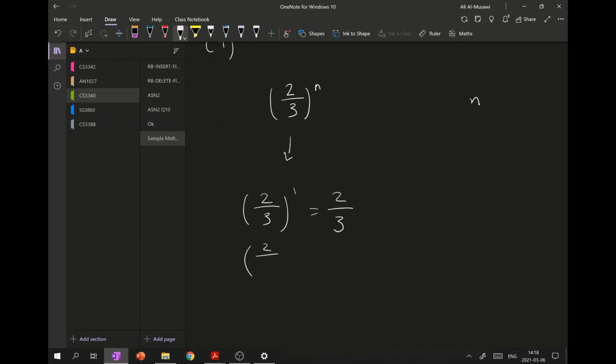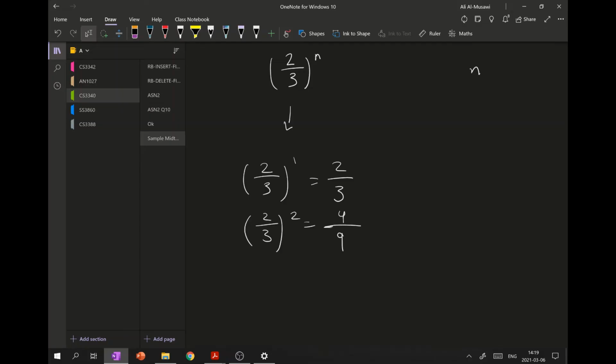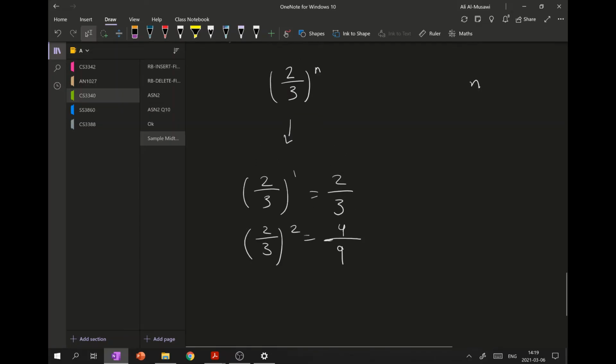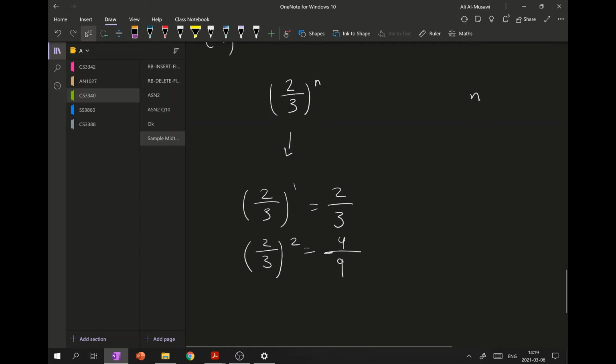Now (2/3) to the power 2 is 4 over 9. Okay, so no, I cannot cancel out anything. But if you actually evaluate this in the calculator, you'll notice that as we increase n, you'll approach 0.